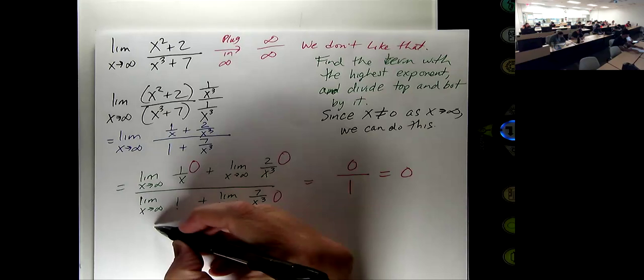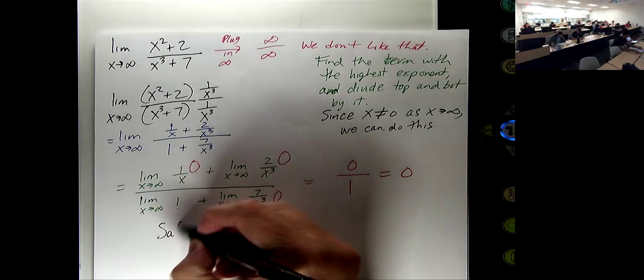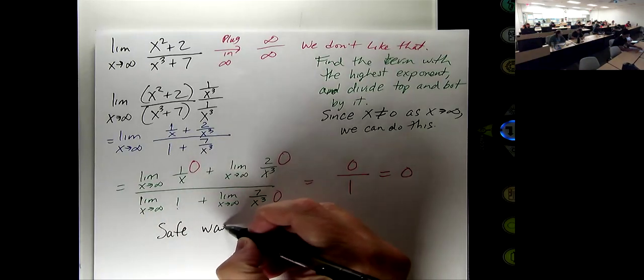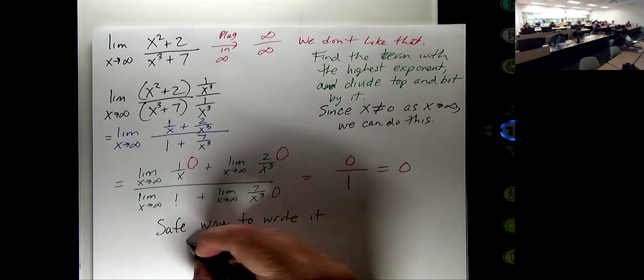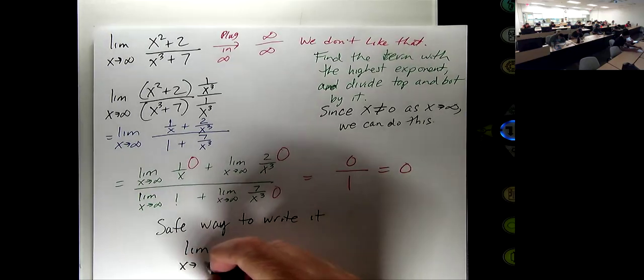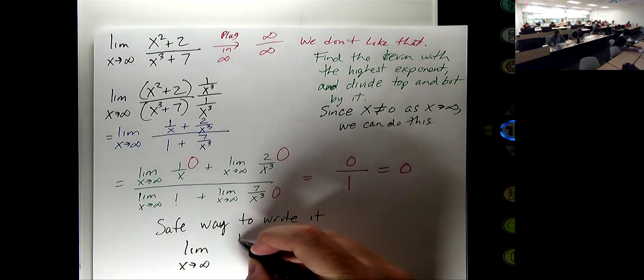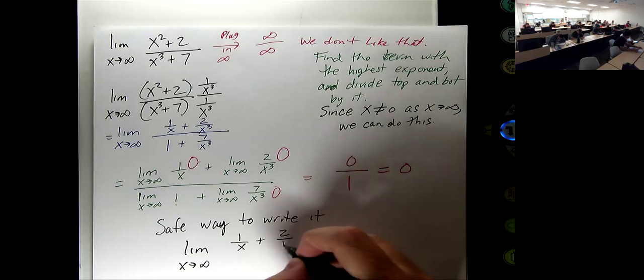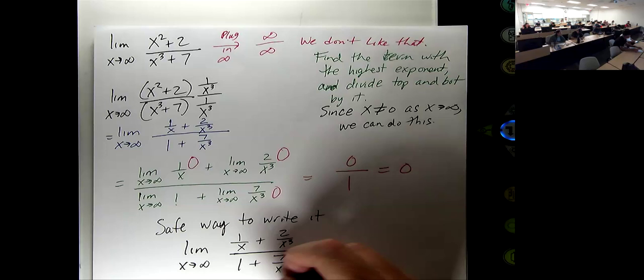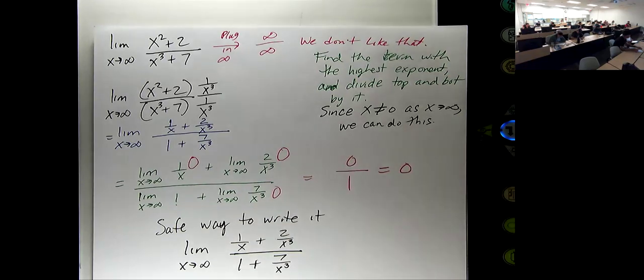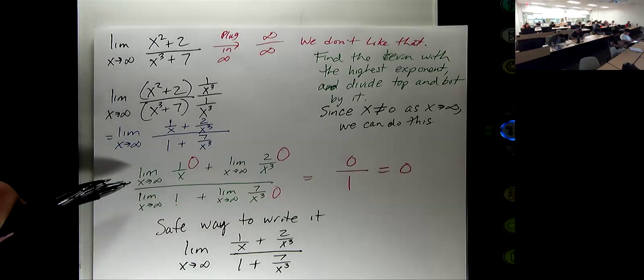A safe way of writing it without all that stuff, I'll rewrite it real quick to illustrate it. Once you've got to that point, rather than breaking it into all this, just apply the limit to each one.